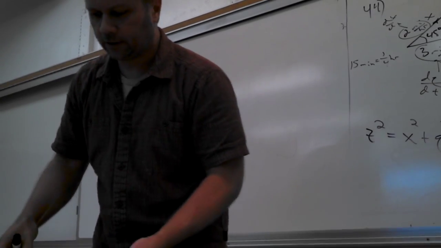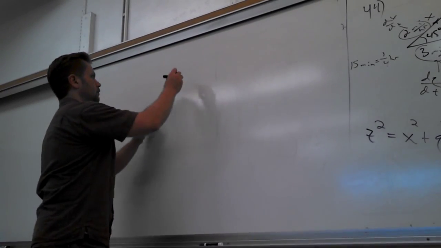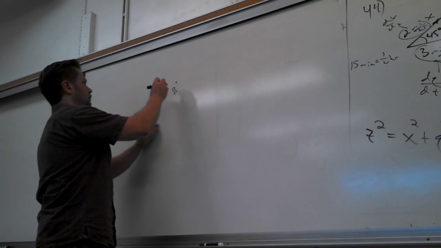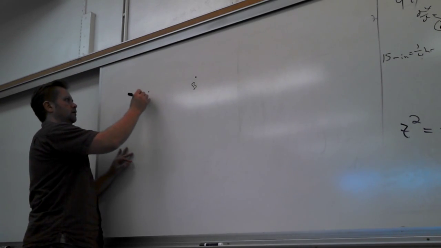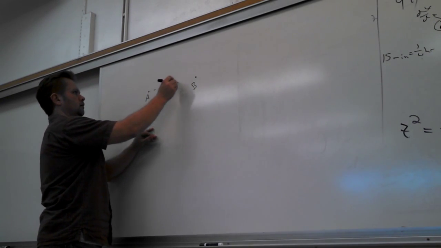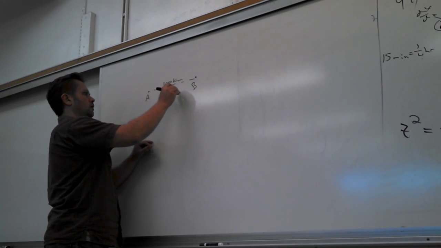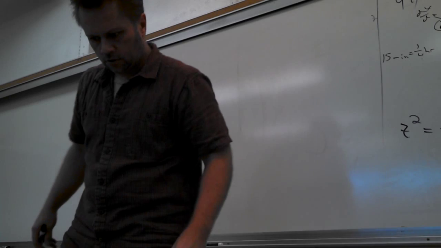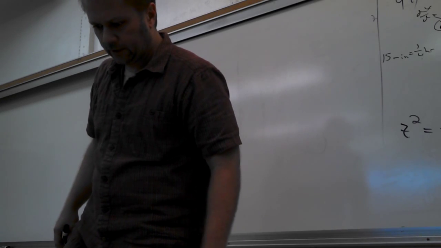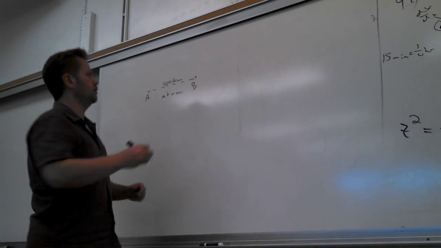So at noon, ship A is 100 kilometers west of ship B. Ship A is sailing south at 35 kilometers an hour.